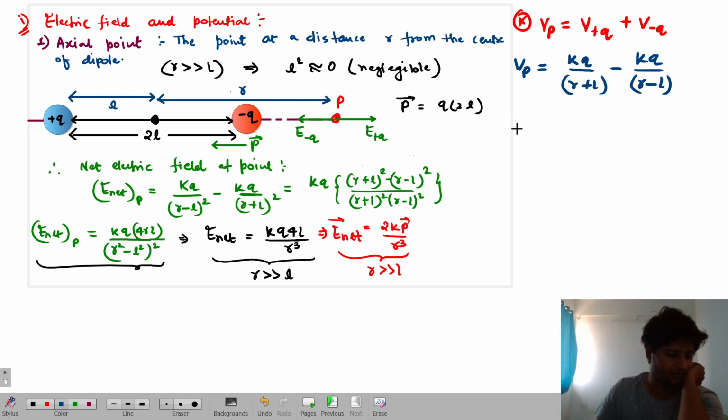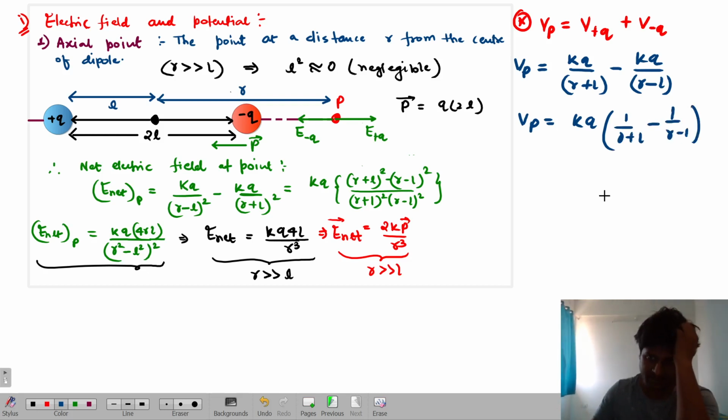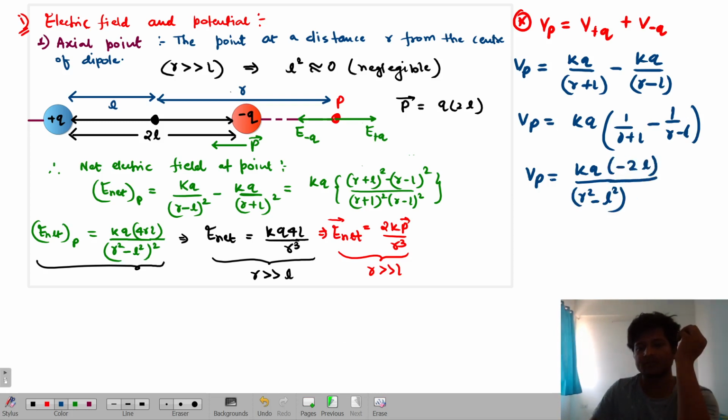So potential at point P will be KQ common, 1 by R plus L minus 1 by R minus L. So potential will be KQ, once again, over R square minus L square, and in the numerator, R minus L minus of R plus L, so minus twice L I'm getting.